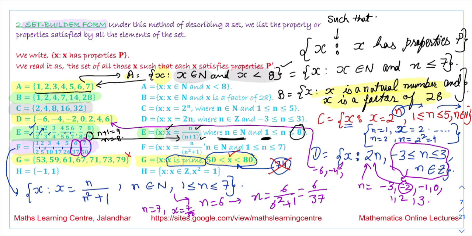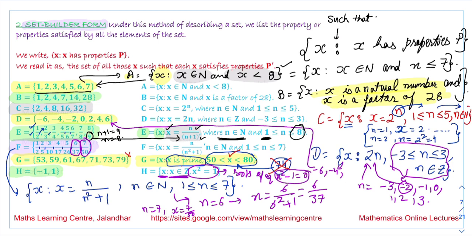Next we have two elements over here. One is h is equal to -1 and 1. So we can write it as the collection x, x is an integer and x square is equal to 1, or we are writing these are the roots of the equation x square minus 1 is equal to 0.